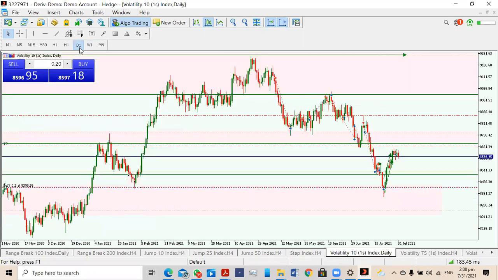Then I come to my daily. So we have a price psychological level around this area. So market retests, comes down, it retests the price psychological level, then comes down here to another price psychological level. Then you see now there is this movement.